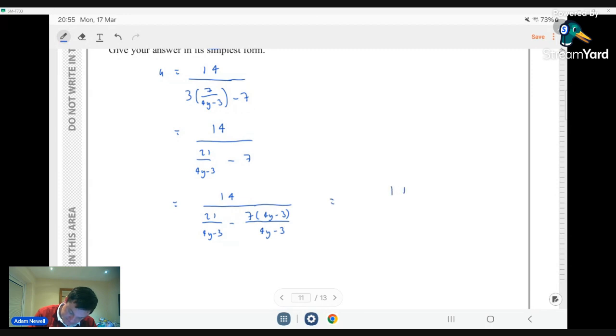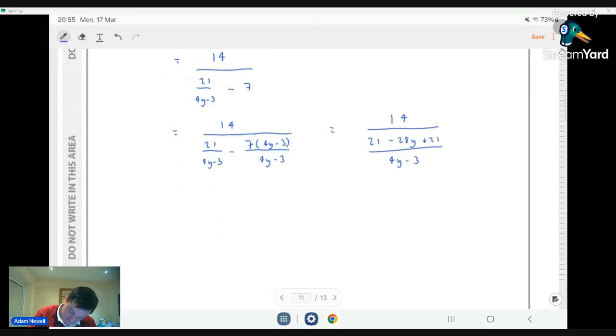That will give me 14 over 21 take away 28y minus 7 times by minus 3 is plus 21 over 4y take away 3, which is 14 over 42 take away 28y over 4y take away 3.